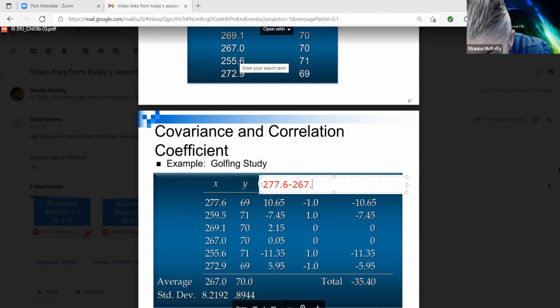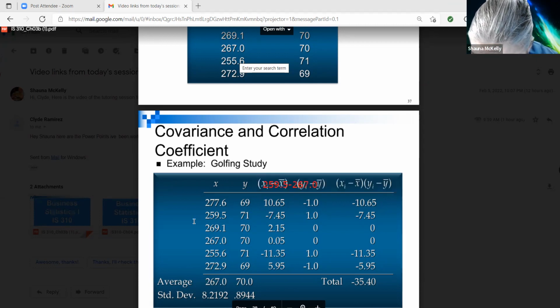So if you were to take 259.5 and subtract the mean, which is 267, you should get negative 7.4. I think what she wrote on the slide is a little off because these are not going to be exact, but that's where she got the numbers from.